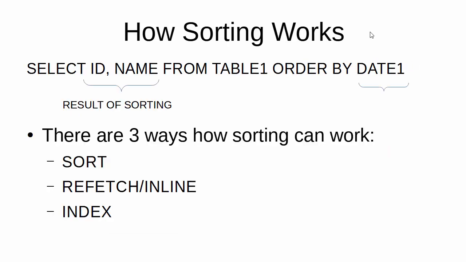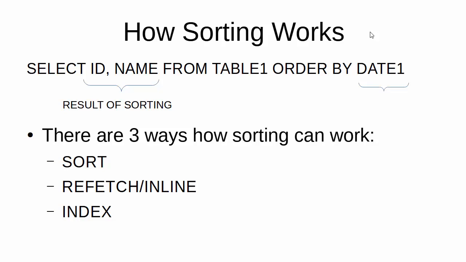How does it work normally? Depending on the database structure and the query, Firebird can select a different approach to sort the data. In general, we have a record set, ID and name, and a sort key, in this case date1. And we can say that we don't know how Firebird will sort it.